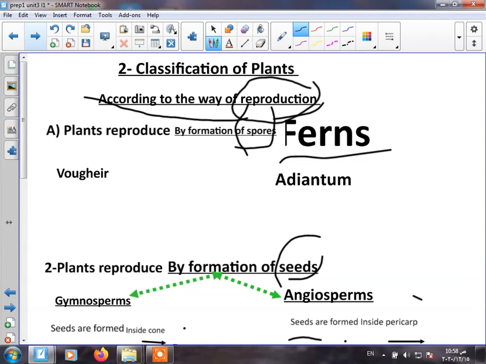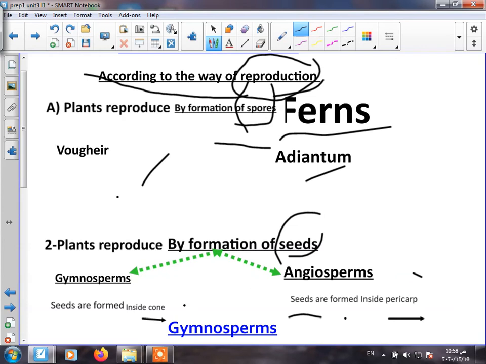We have two ways of reproduction in plants. Plants reproduce by formation of spores, and the others by formation of seeds. For formation of spores, we have two examples, adiantum and fougere, and they are called ferns.